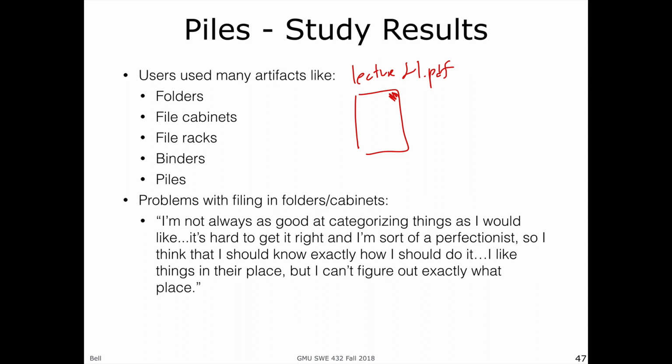That's maybe an easier example, but if I have a financial report from this quarter, do I file that under financial reports, or do I have maybe some other file of recent things that are important for me to act on? And if it's related to specific projects, do I have files for those projects, or do I have files based on dates or category? And users related that they were getting frustrated with doing filing because they like that things get put away in the right place, but sometimes they can't figure out exactly where that right place is.